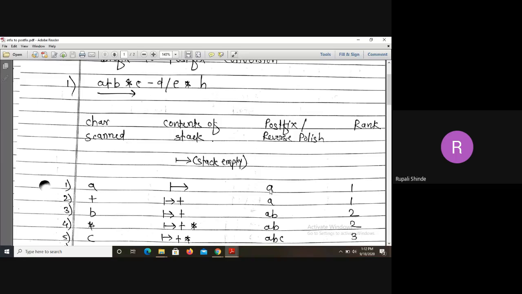So again, we have seen how to define rank for any symbol and rank for any operator. So what is the rank for any symbol? Last lecture we have seen how to find rank for a given expression.